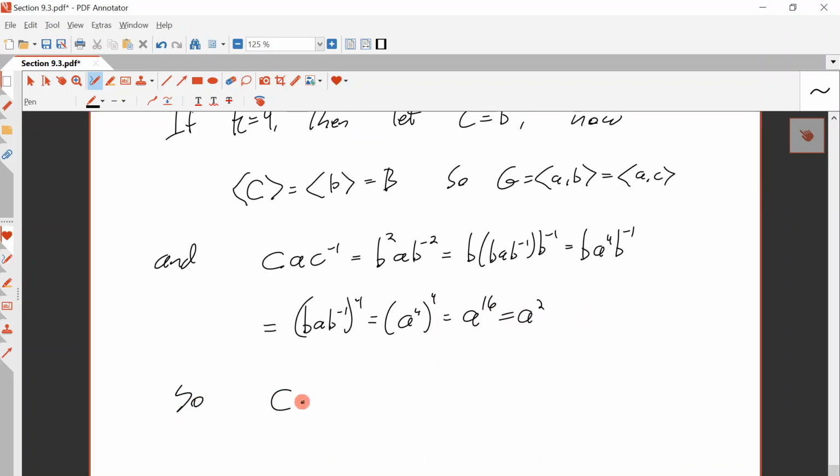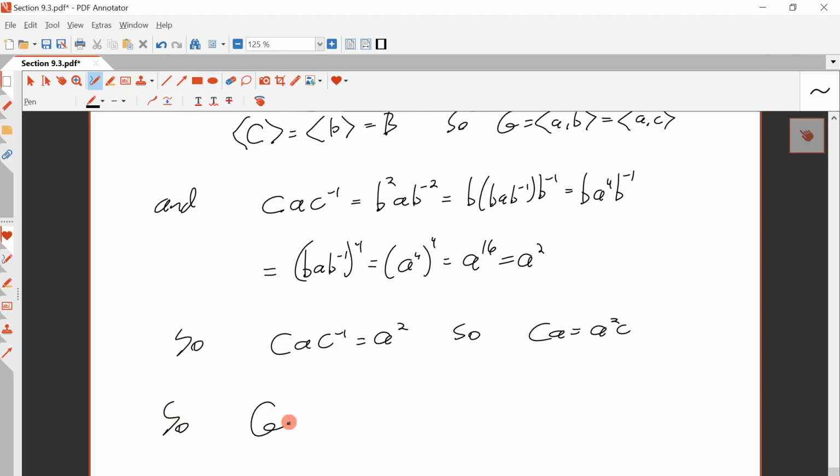So CAC inverse is equal to A squared, so CA is A squared C. So G is generated by A and C, where order of A is 7, order of C is 3, and CA is A squared C, as required. Same group.